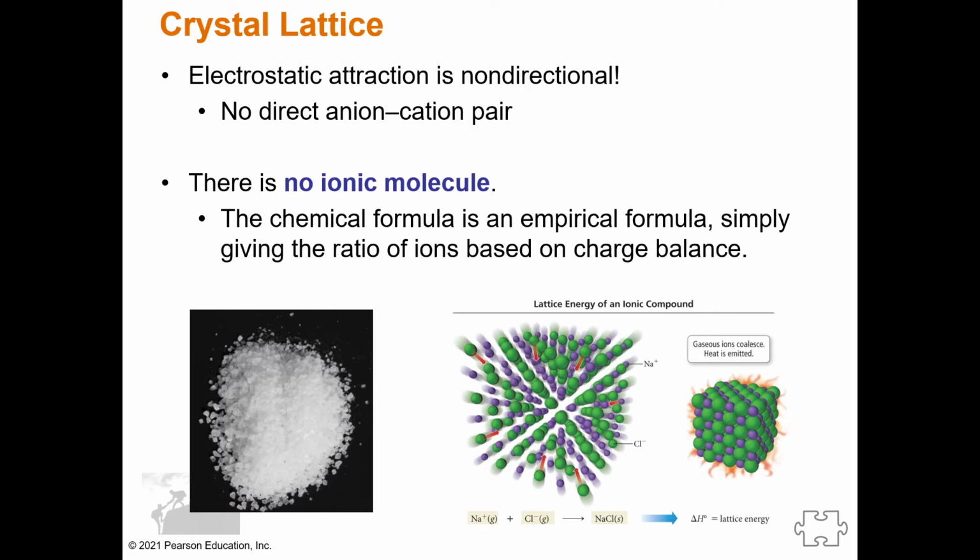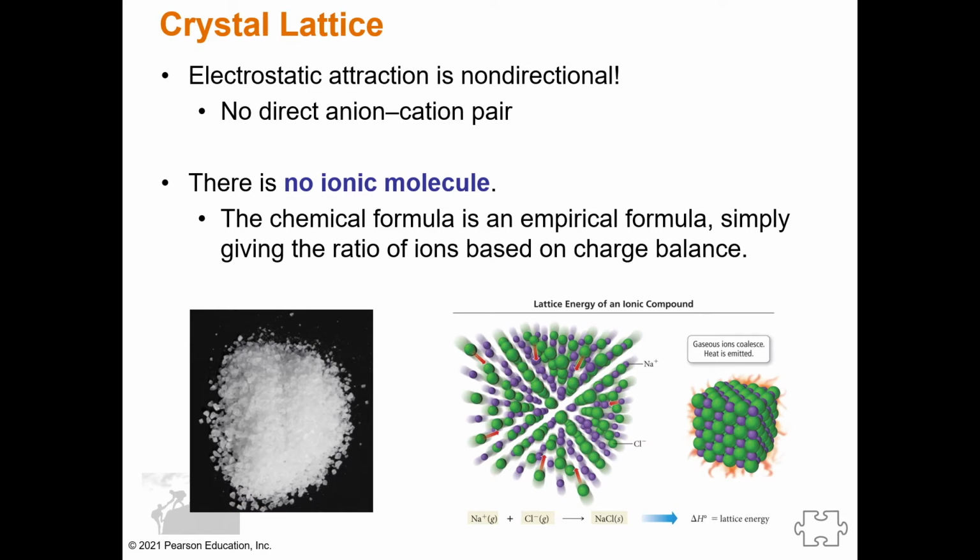Don't consider NaCl as just one molecule of NaCl, which is made up of Na plus and Cl minus. We already saw that ionic compounds form crystal lattices, so you'll actually have moles of Na plus and moles of Cl minus ions.